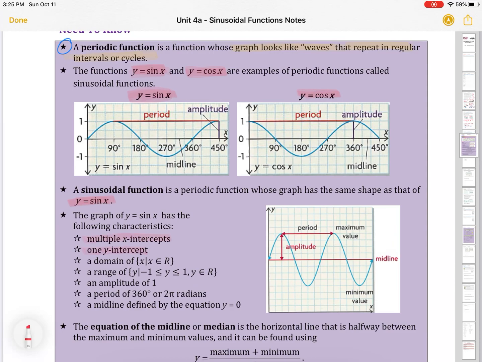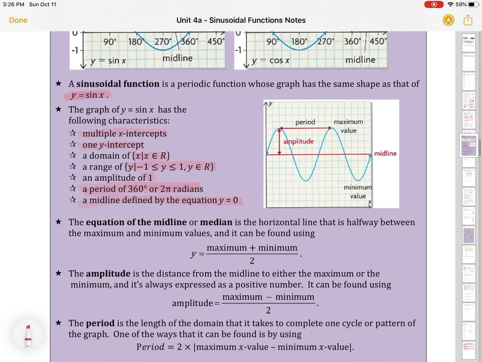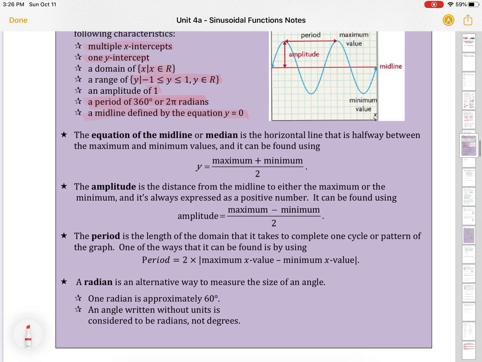It's got multiple x-intercepts, one y-intercept. That's the domain. Here's our range. It's our amplitude. The period is 360 degrees or 2 pi radians, and the midline is defined by the equation y equals 0. So that's our y equals sine x.